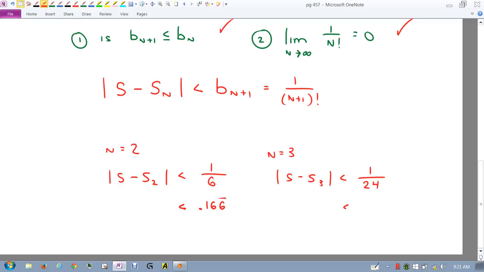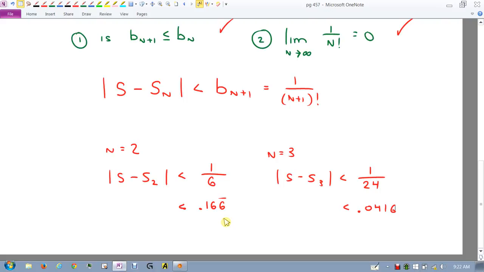And then over here, 0.0416. What I want to do is go far enough out with n so that the tenths, hundredths, and thousandths positions of these two are the same, so that my error is smaller than 1/1000.